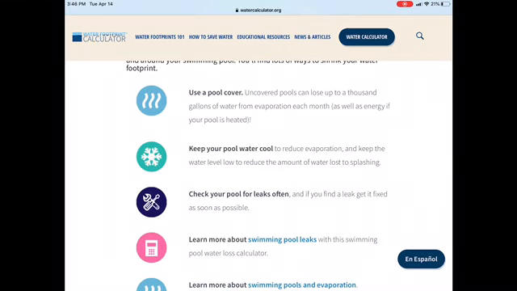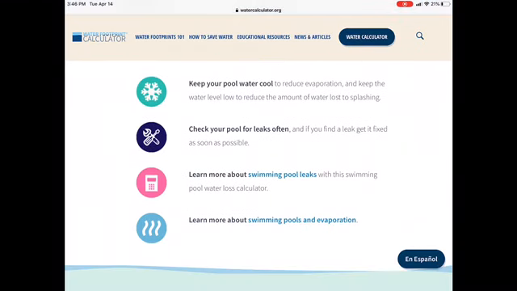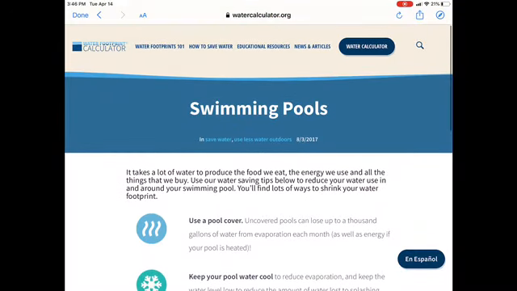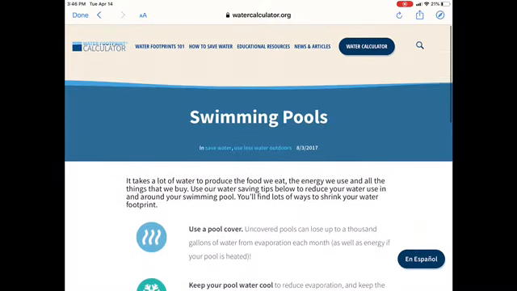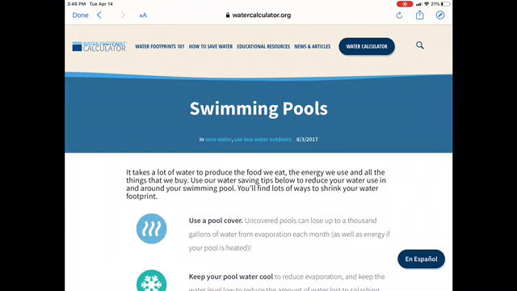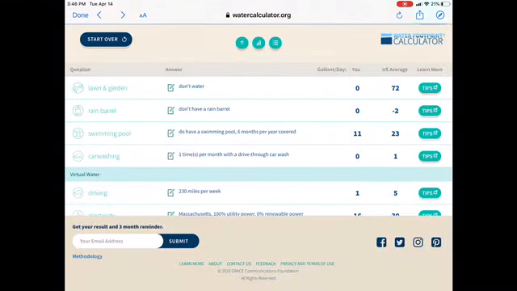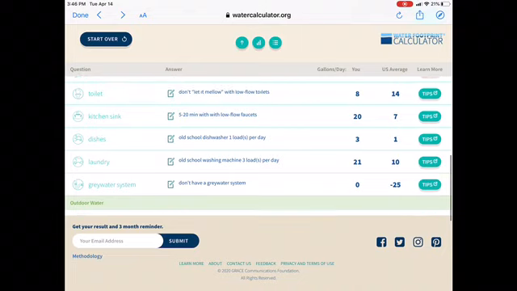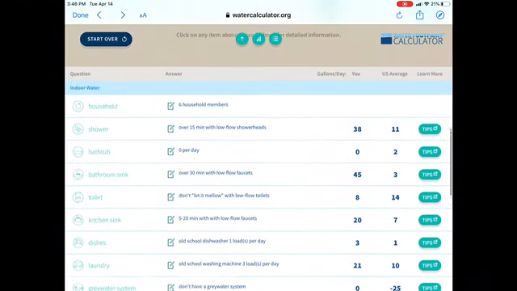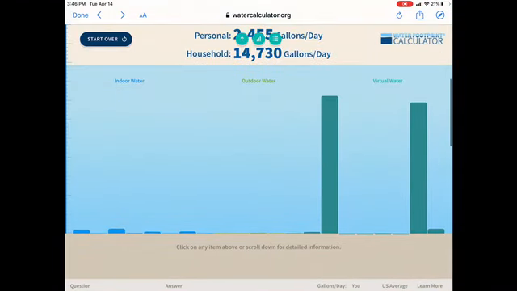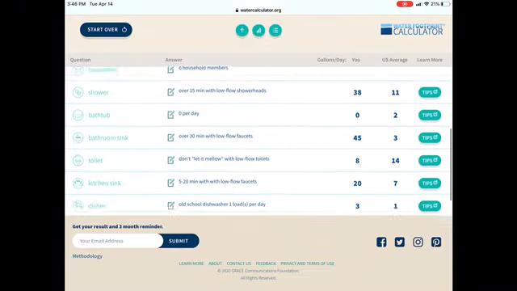It says use a pool cover, keep your pool water cold, check your pool often for leaks. My pool has leaking problems. So what I want you to do is take a look at some of these tips. Tell me 3 of them for your highest amount. So for mine would be maybe 2 for outdoor water and 1 for virtual water.